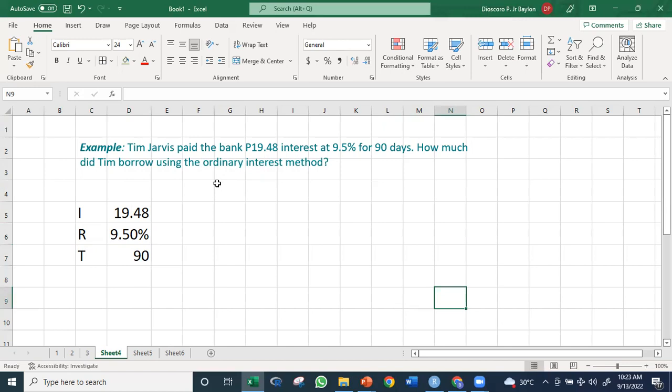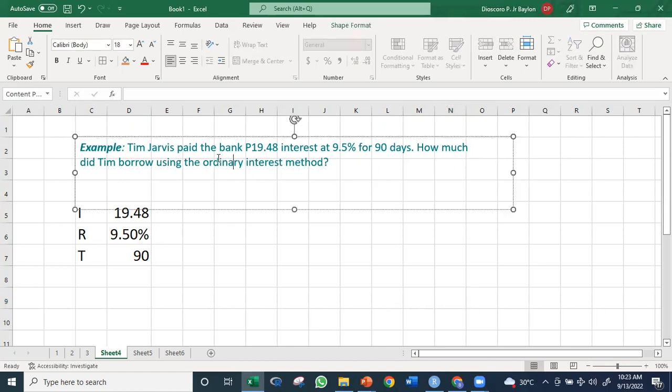All right. So you're given the interest, the rate, and the time. Then we're being asked to compute for the principal. How much did Tim borrow using ordinary interest method?